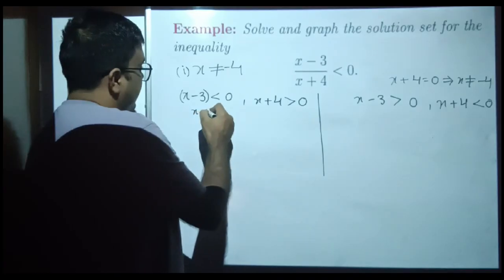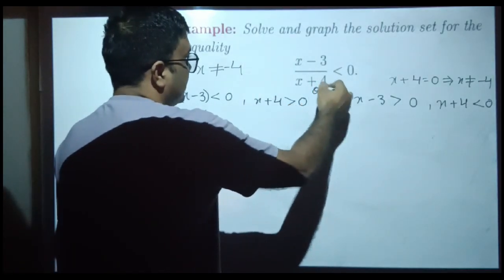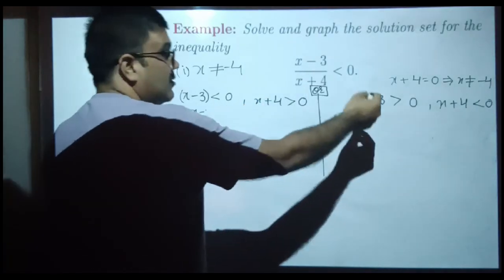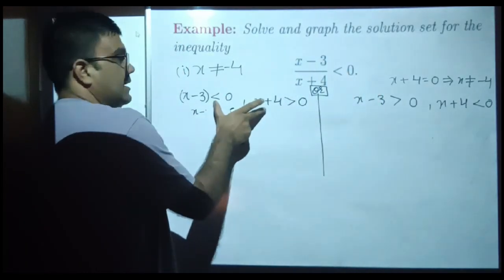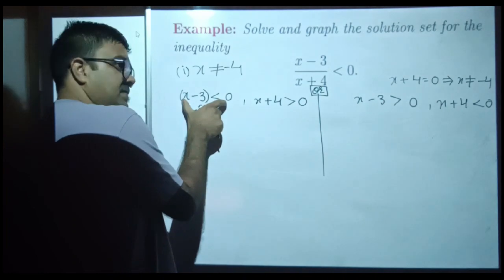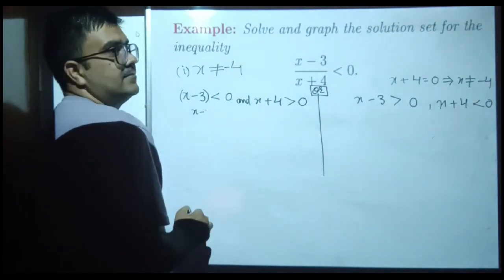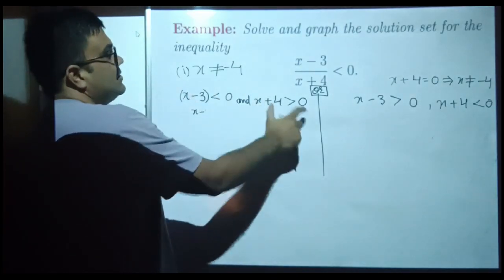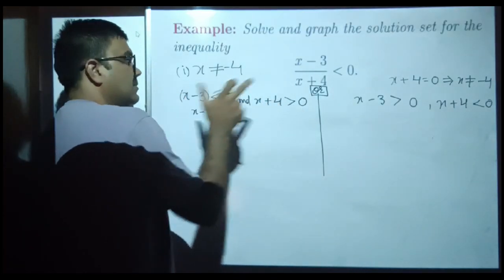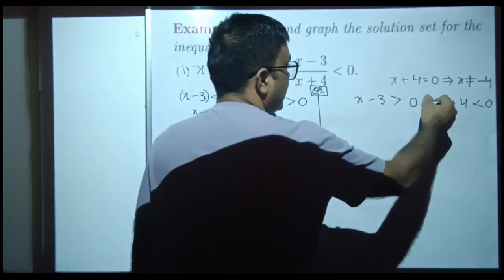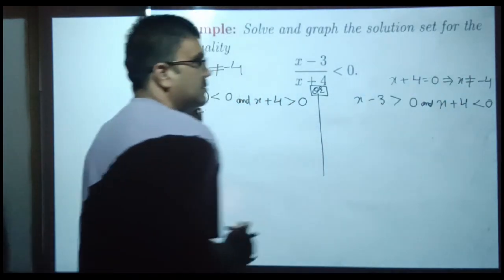We have "or" between these two cases, meaning either this will hold or this will hold. In this case, it is "and", not "or". We are not saying either this or this will hold. We are saying if this holds, then this will also hold.